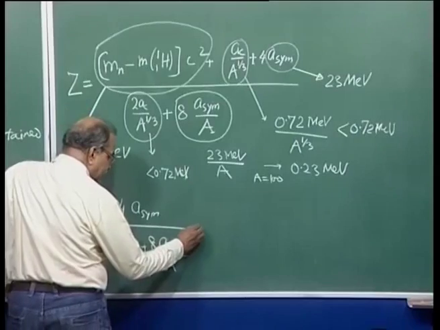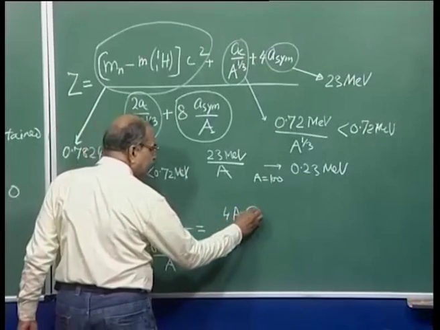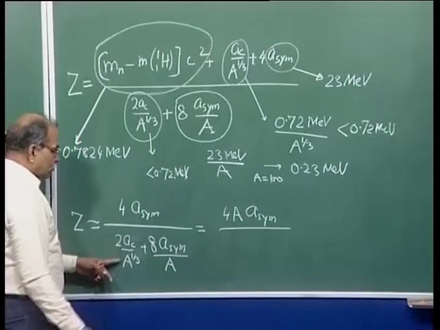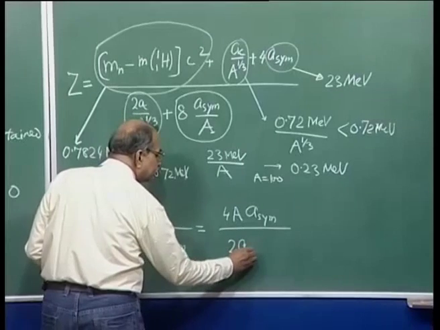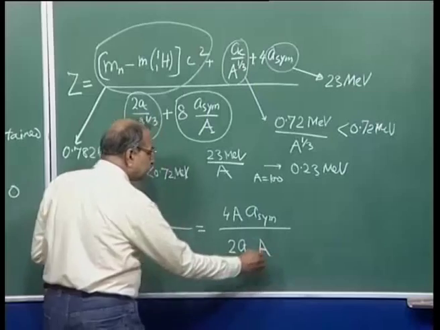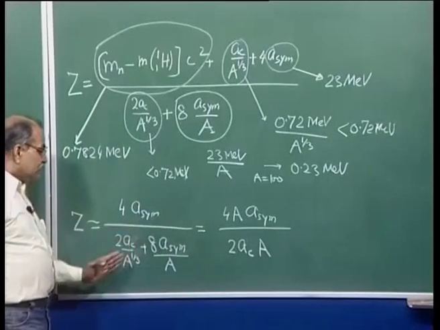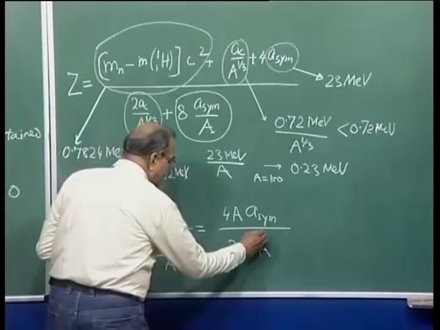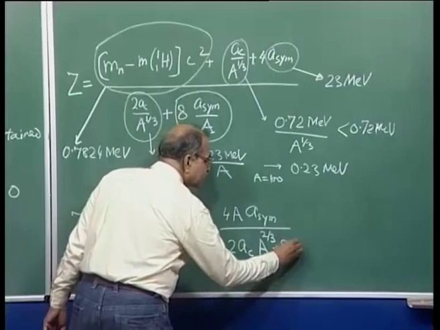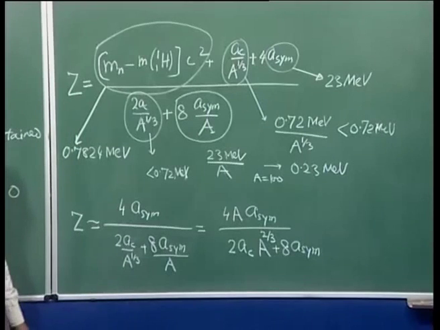So you have 4 times capital A asymmetric and divided by 2 AC capital A to the power, I am multiplying both numerator and denominator by capital A, so it is 2 by 3 and plus 8 times asymmetric, right.